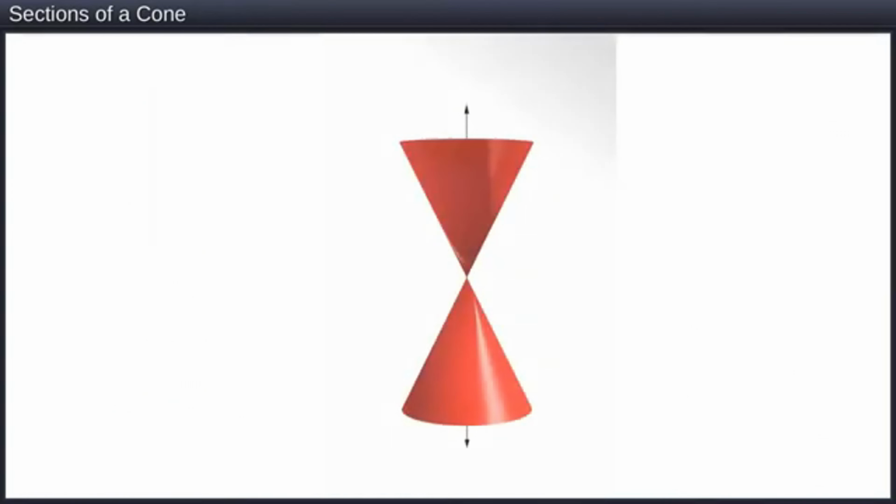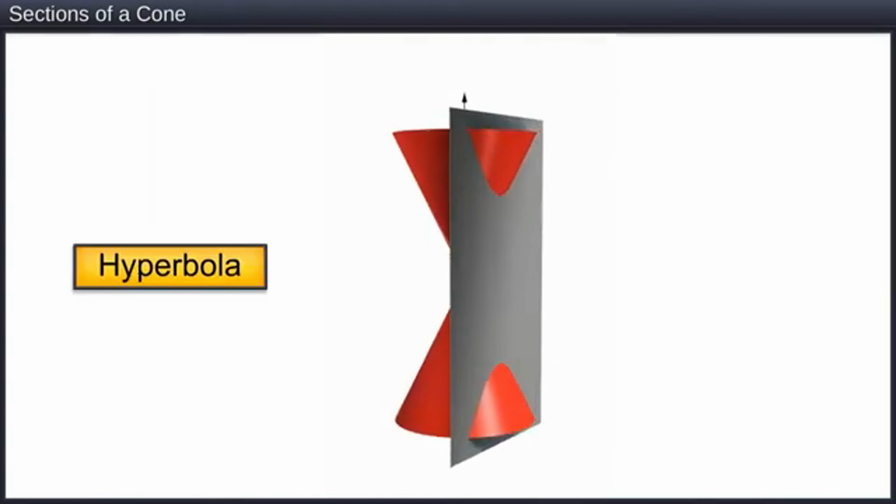However, in the formation of a hyperbola, the plane intersects both the napes of the cone. Also note that in the formation of these conic sections, the intersecting plane does not pass through the vertex of the cone.